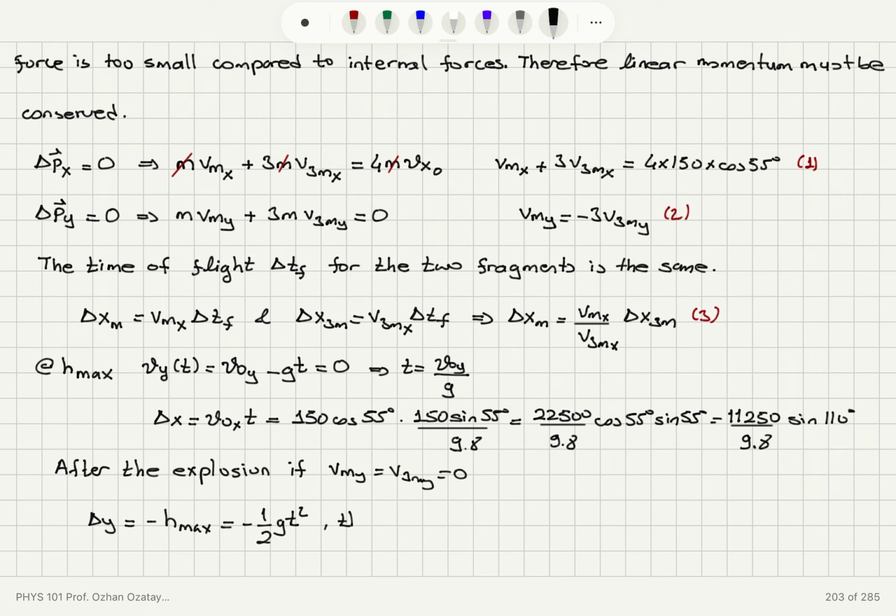They will reach the ground at the same time. Or in other words, for them to be able to reach the ground at the same time, they must have y components of the velocity 0, according to equation 2, and according to the requirement that they reach the ground at the same time. So we obtain h max.